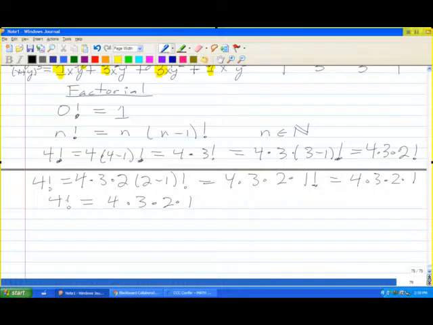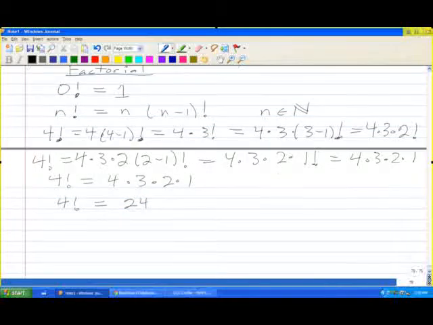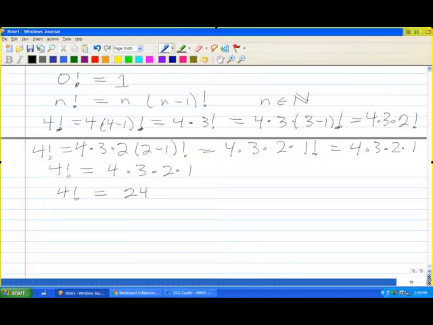So to figure out a factorial, you just multiply all those factors together. And so 4 factorial in this case is going to be 24. Now, on your calculator, there should be an X to the Y button.